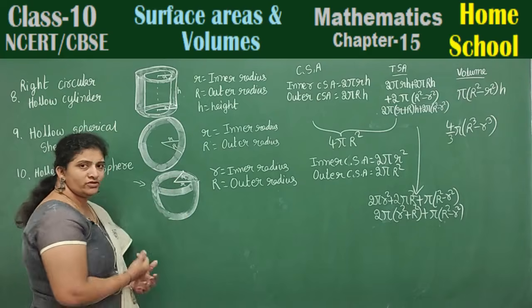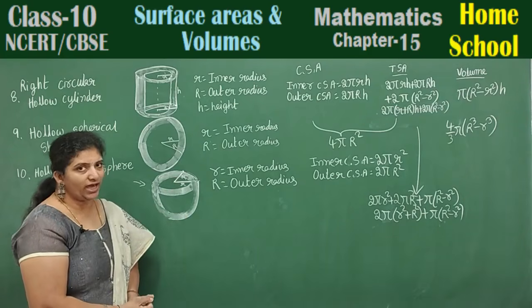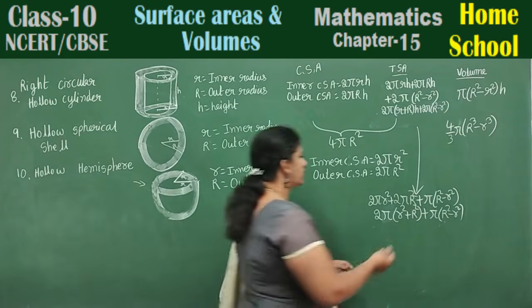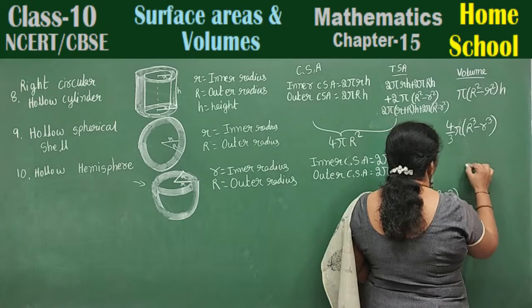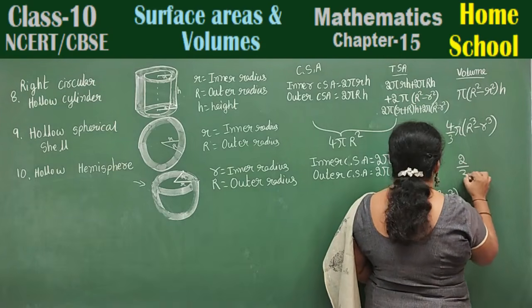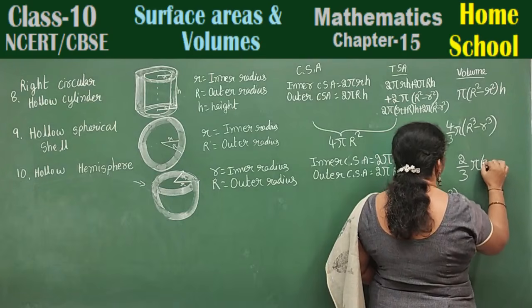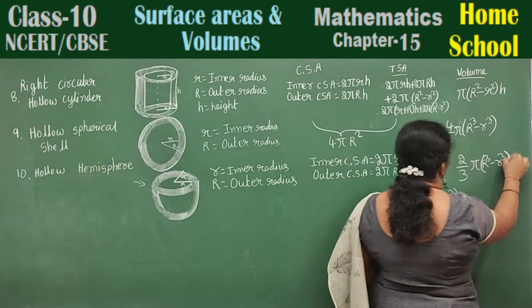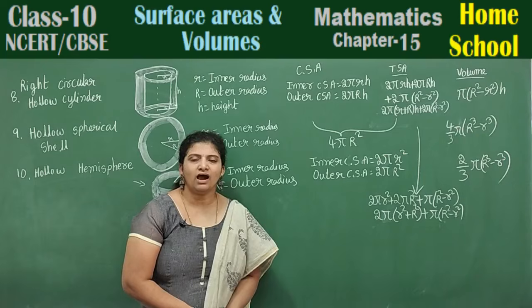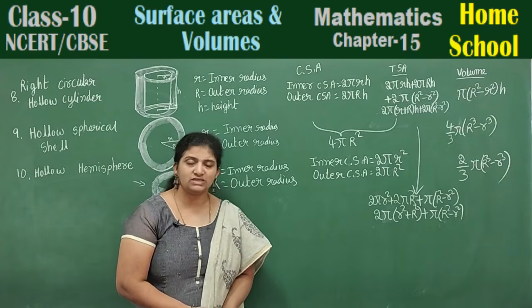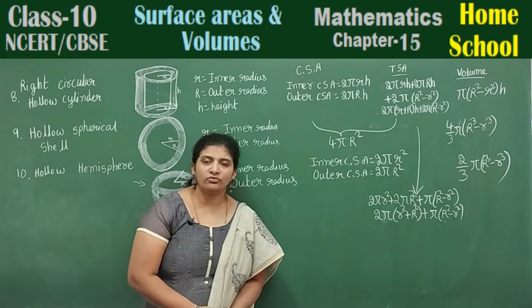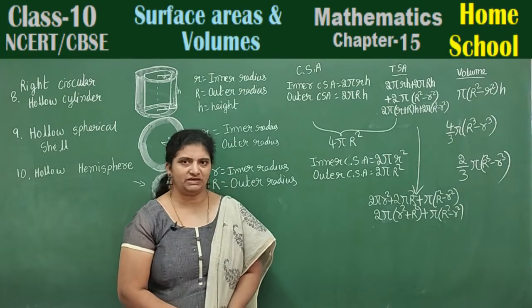And this volume, if you subtract, 2 by 3 pi small r cube. Subtract this one, that is only the volume. 2 by 3 pi into capital R cube minus small r cube is the volume of a hollow hemisphere.